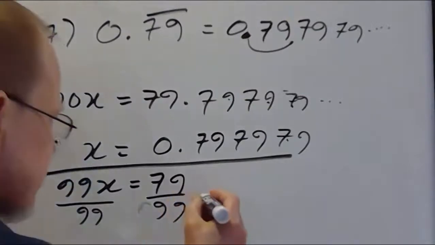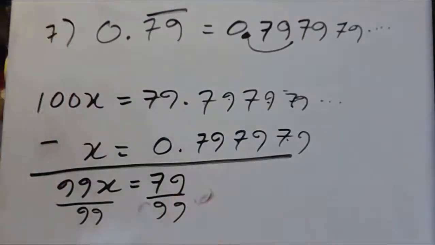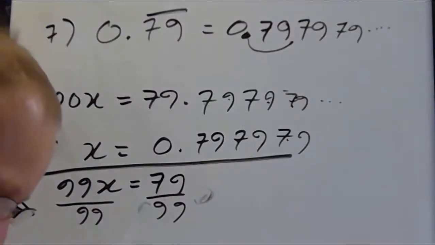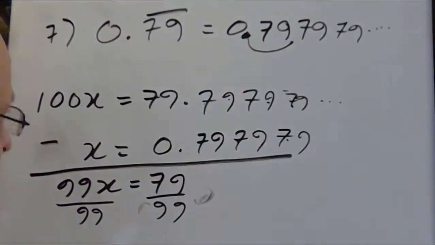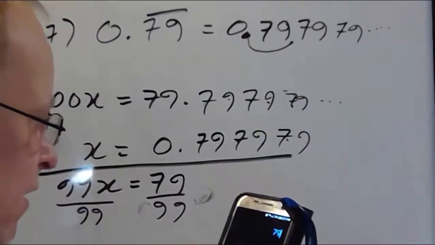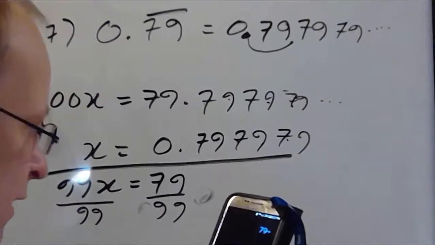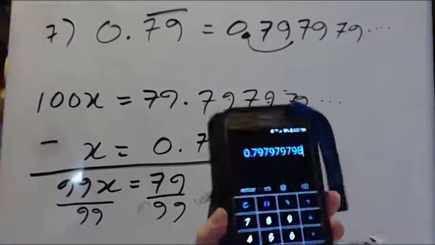And this is your final x, and then let's go check it to see if we get back our 79 over 99. I'm going to do that right now on my calculator. So let's see, we have 79 divided by 99, and what do we get back? Equals, and there it is.